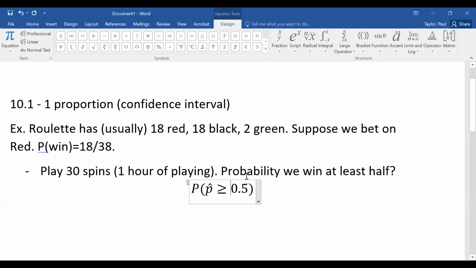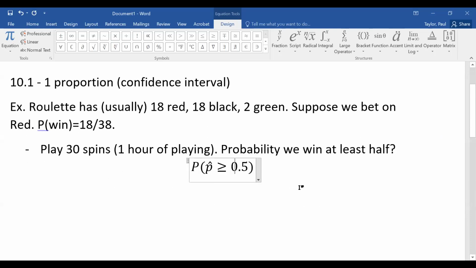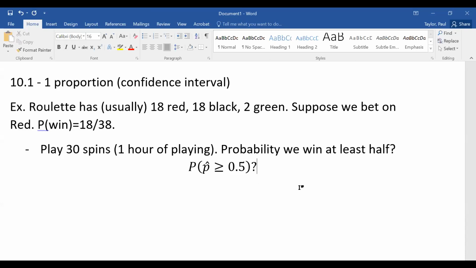Whoops, I hit the page down button. Okay. So P hat is the proportion from our experiment. So we did 30 spins. Some of those are going to be wins. The proportion of our 30 spins that are wins is the proportion of successes in our sample. So P hat is the sample proportion.